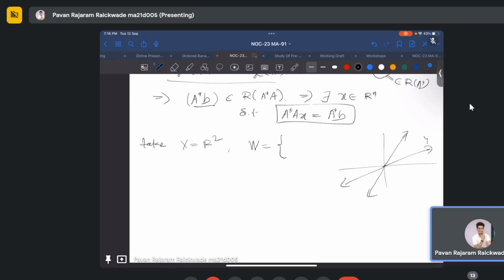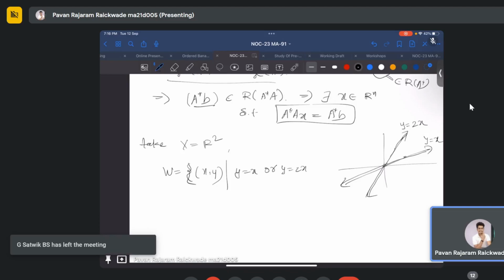This is the line y equals x. Let's say this is the line y equals 2x. If you take any point in the union of these two lines, every point on this line and every point on this line, this is your set W. So W is the set of all (x, y) such that y equals x or y equals 2x. This W is a union of these two lines.